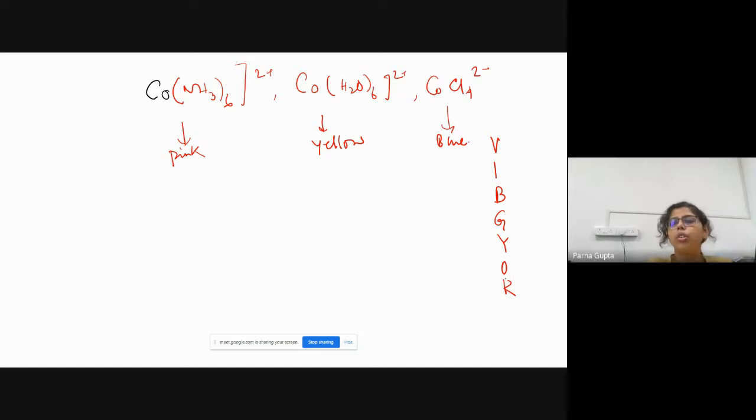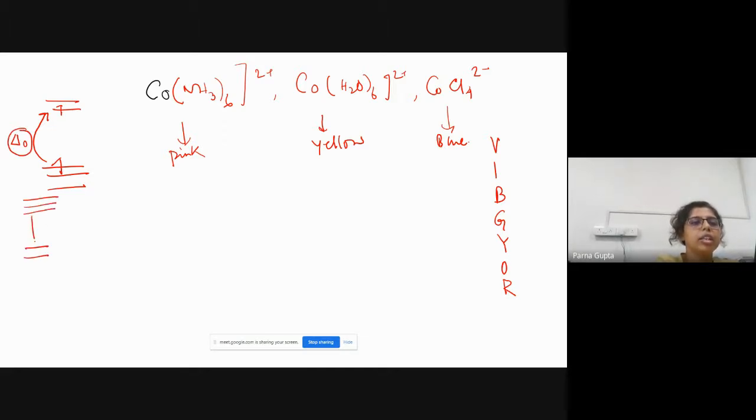The concept is that if you have one electron and it goes to the higher state, from t2g to eg, if it is not filled, then this energy, either del 0 or del t, will be absorbed, from here to here.